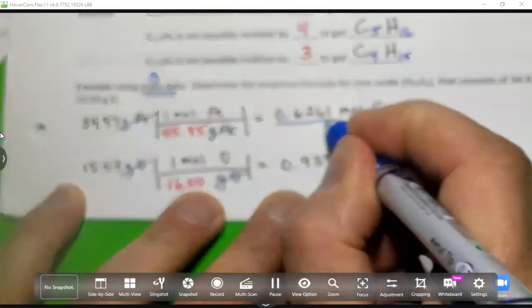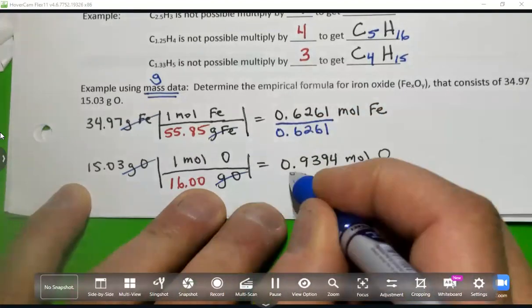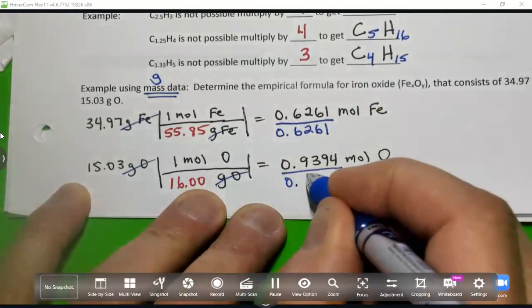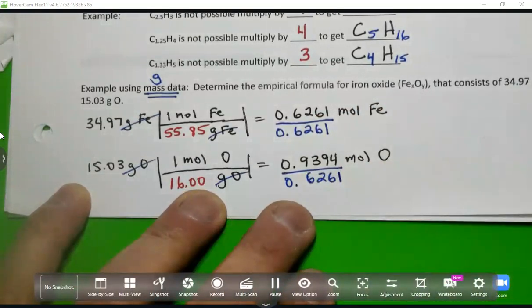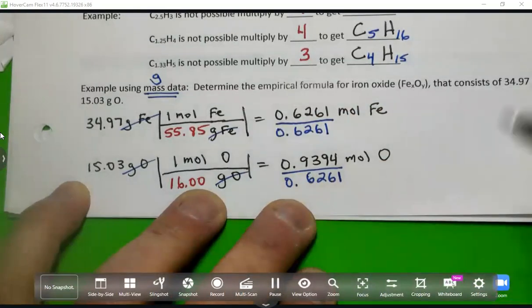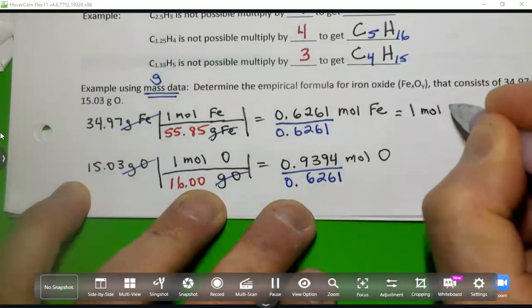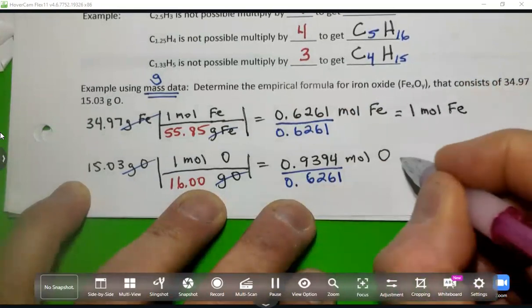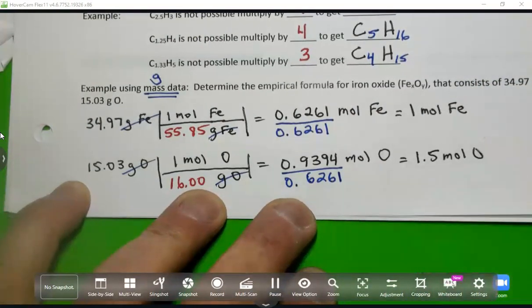We're going to divide both by the smallest, which is 0.6261. And we'll divide by the smallest. We get 1 mole of iron, but we get 1.5 moles of oxygen.